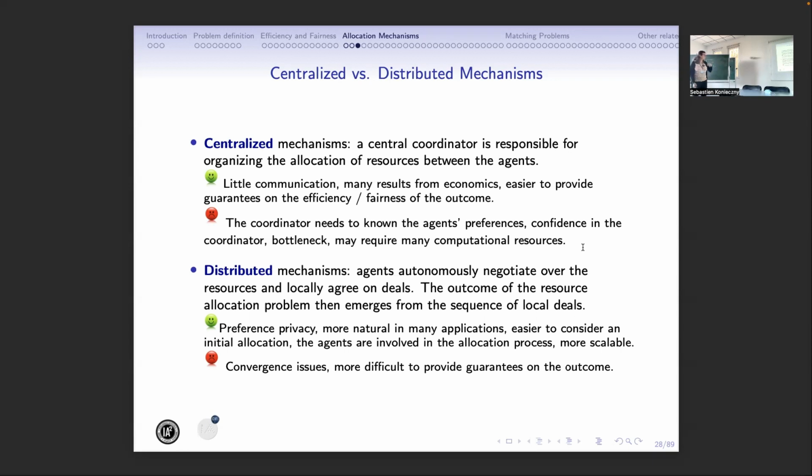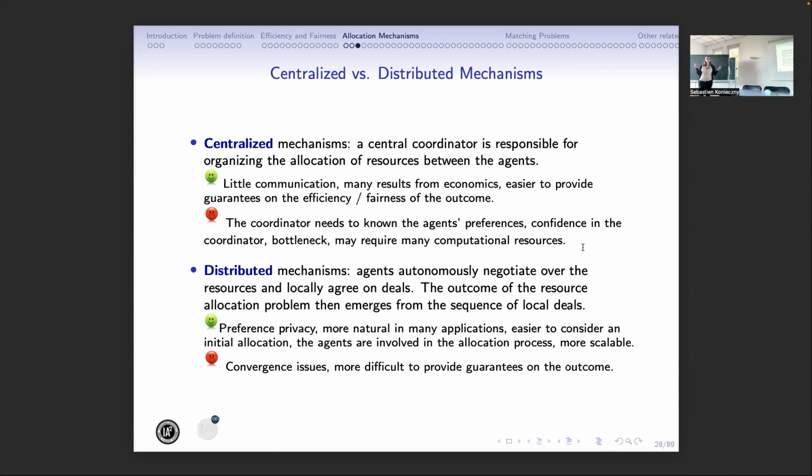So, in this case, you have to make the mechanism more distributed for the agents to be able to participate in the mechanism and to improve the involvement of the agents in the mechanism. So in a fully distributed mechanism, the agents will negotiate over the resources and make local agreements to exchange resources.